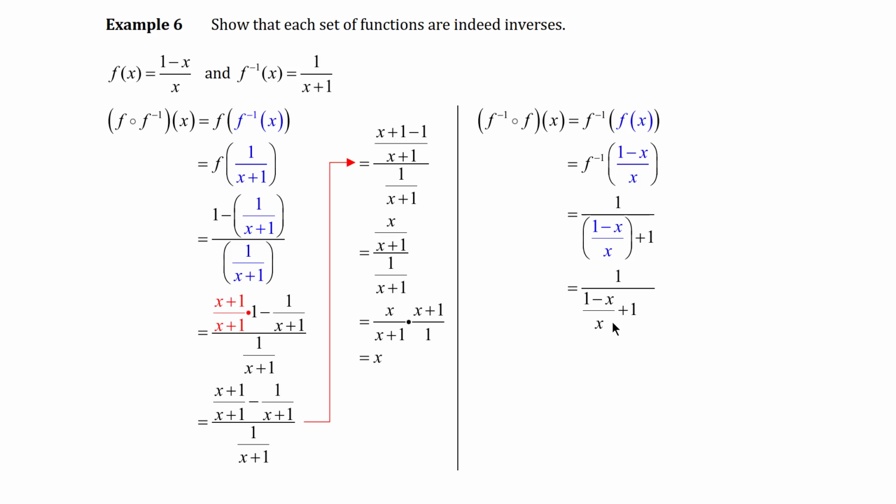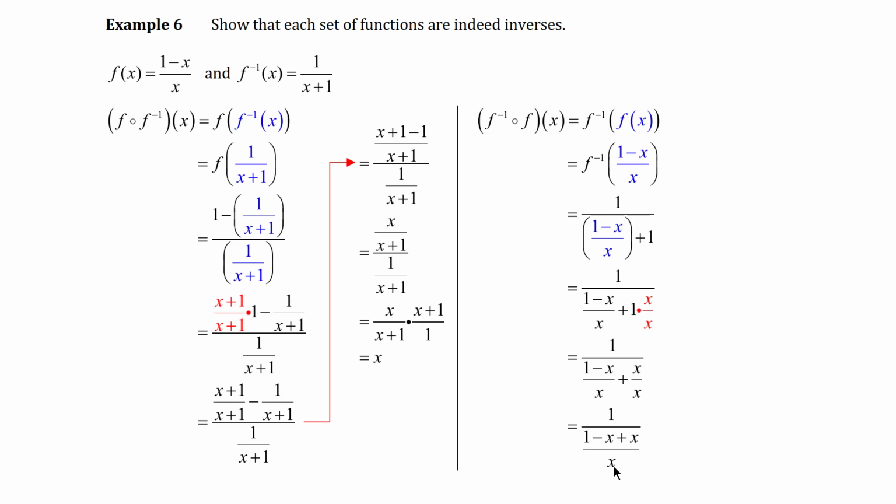We need to rewrite 1 as a fraction with the LCD of x. To do this, we just multiply the 1 by x over x. The result is 1 divided by ((1 minus x) over x plus x over x). From here, we need to combine the fractions in the denominator. So we get 1 divided by ((1 minus x plus x) over x).